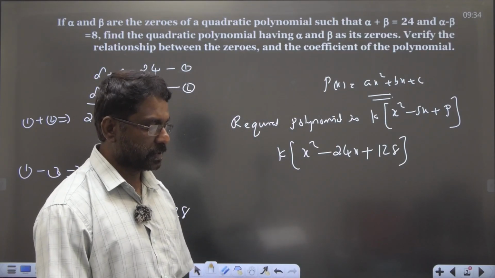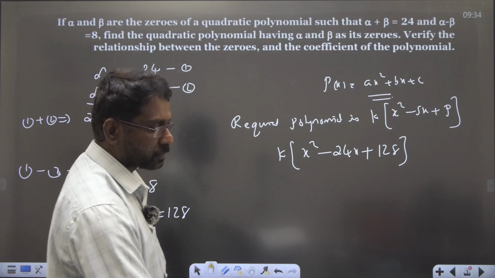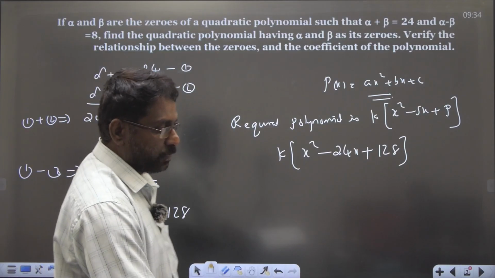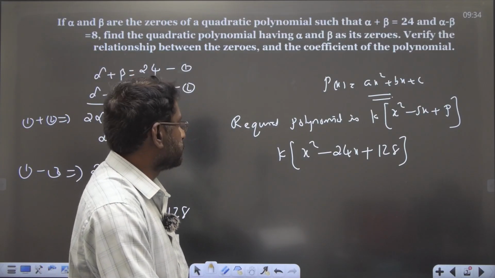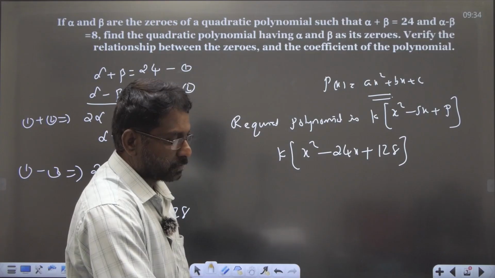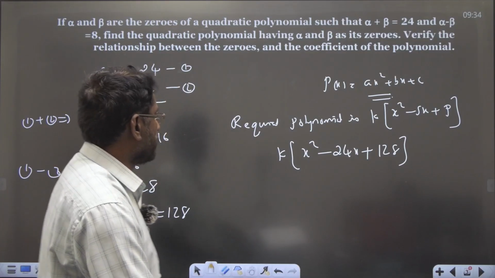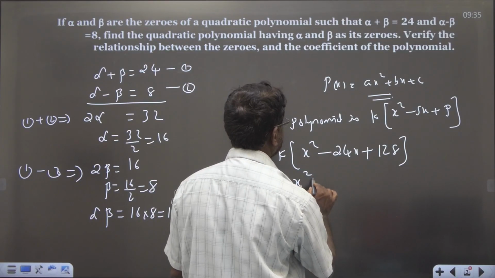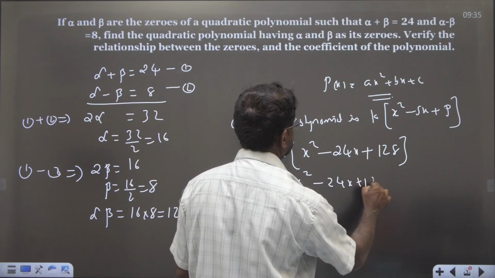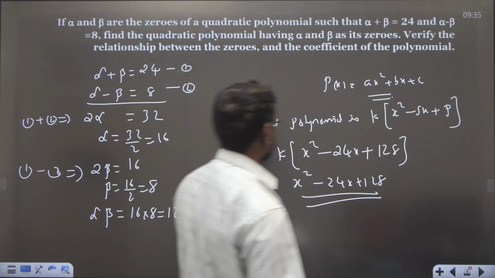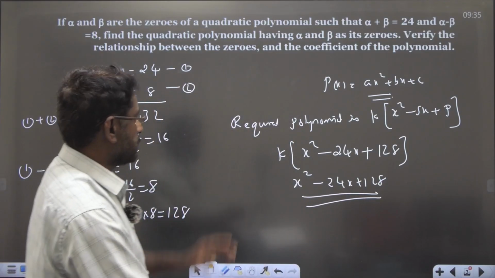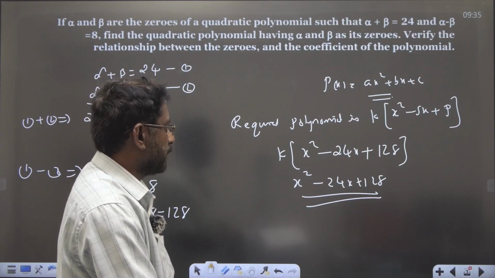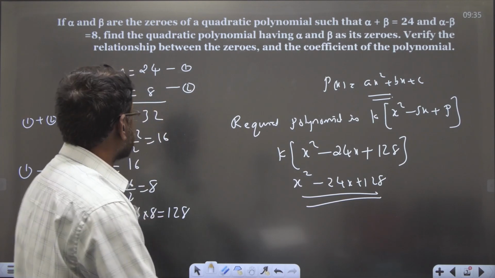So the answer is k into x square minus 24x plus 128. So we can take this as the polynomial. K can be 1, no problem. X square minus 24x plus 128 is the required polynomial. Take k is equal to 1. K is any arbitrary constant. We can take k equal to 1, that is x square minus 24x plus 128.